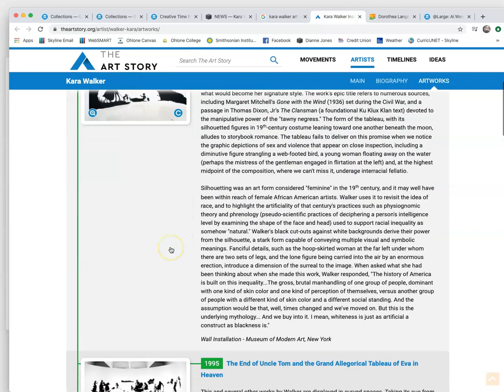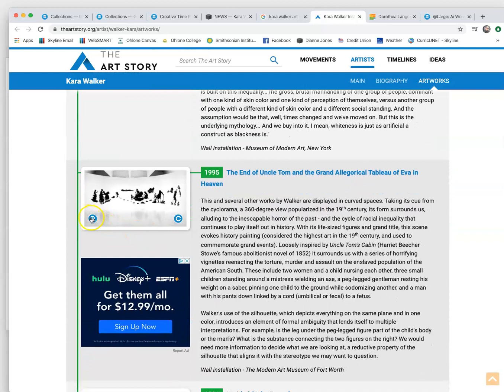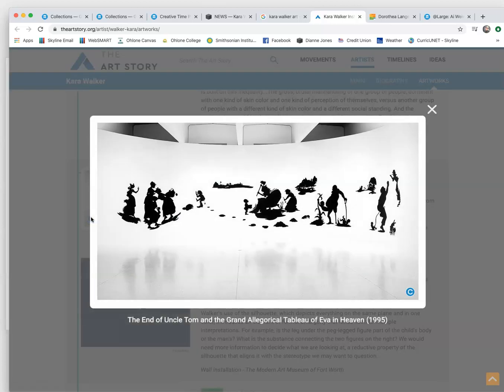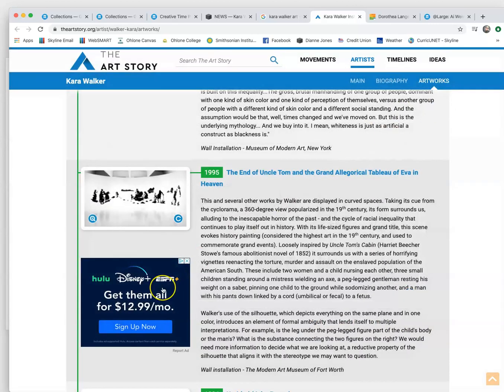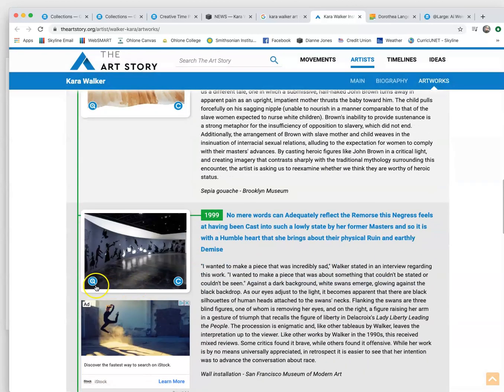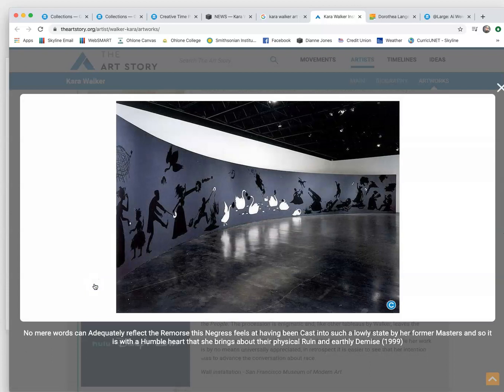And how she included these cutouts, again, looking at her relationship to this idea of the end of Uncle Tom and the grand allegory taboo of Ava in heaven. So all of her work has a very specific message, and she'd be a really fun artist to research and learn about for working with the creative process and being able to talk about what you learn about her work.